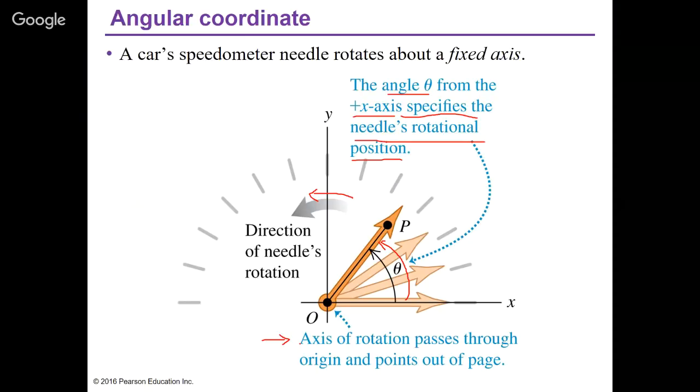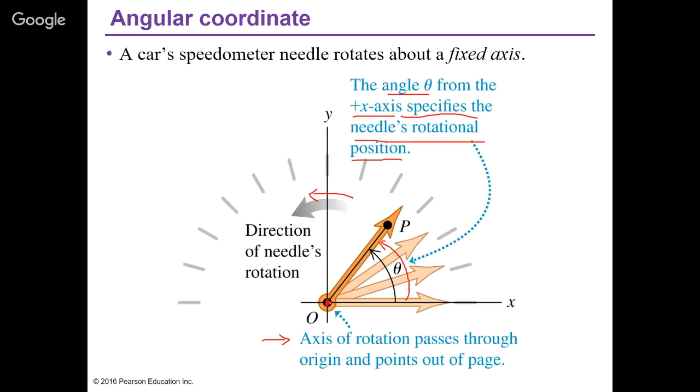The direction of this axis, in this case, is pointing out of the plane, out of the page. If you look at the screen, it is pointing toward you and out of the screen. You don't really see it because it's perpendicular to the screen and pointing outward.